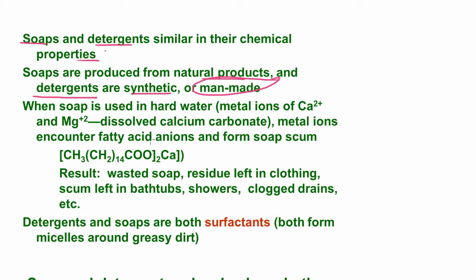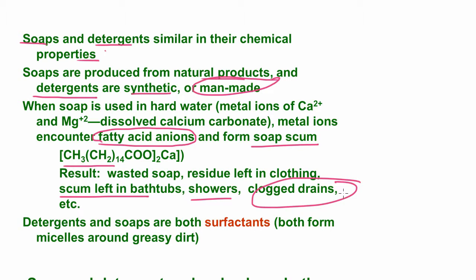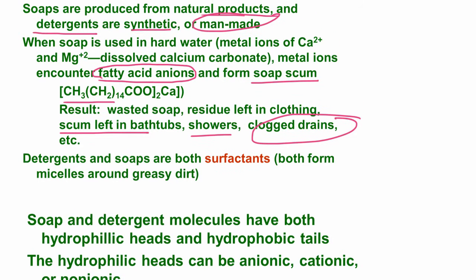These ions will encounter the anions of the fatty acid, and they form good old soap scum. So what is the result? Well, we waste soap. We have soap residue in clothing. We have soap scum in bathtubs, which is almost impossible to clean, also in showers, and our drains clog up. Detergents don't do this. They don't cause soap scum like soaps do.